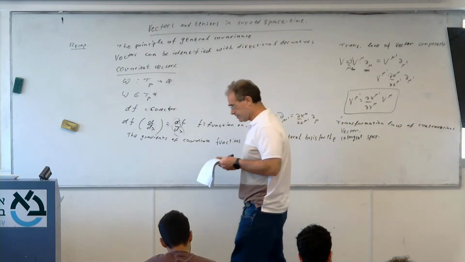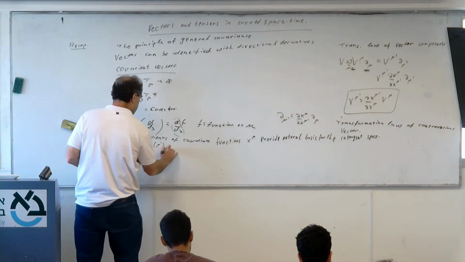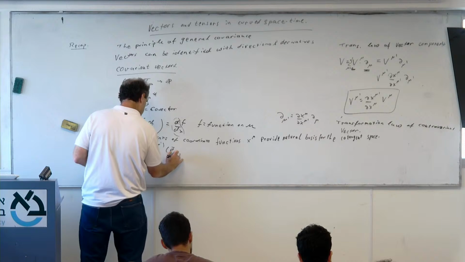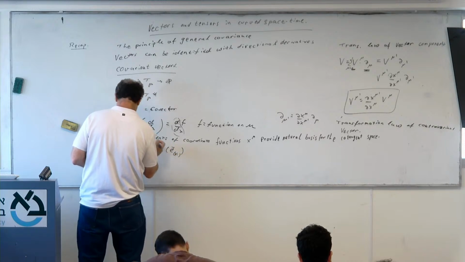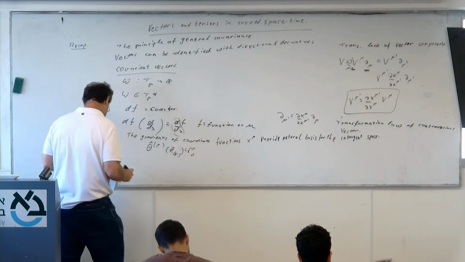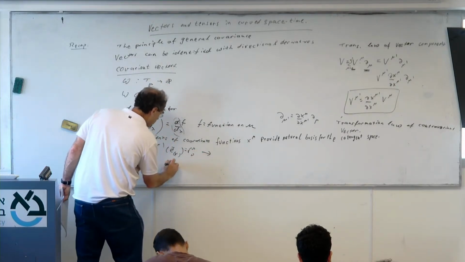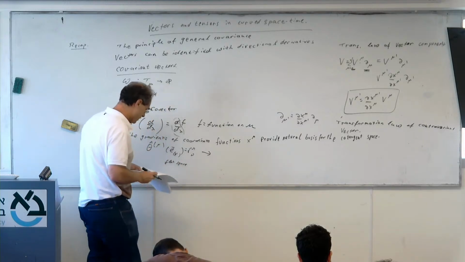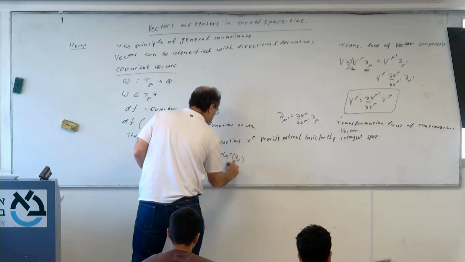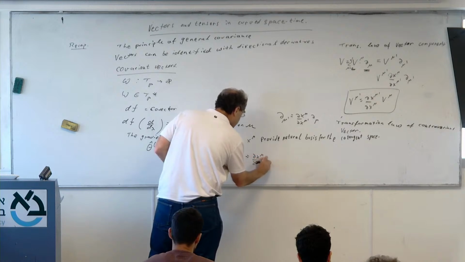So in flat spaces, remember we had theta mu prime. These were the basis, right? Operating on a basis vector, and this was a delta mu. And this was from flat space. Of course, now what we're going to have is exactly the same thing: dx mu operating on d mu, which is dx mu over dx mu equals delta mu.